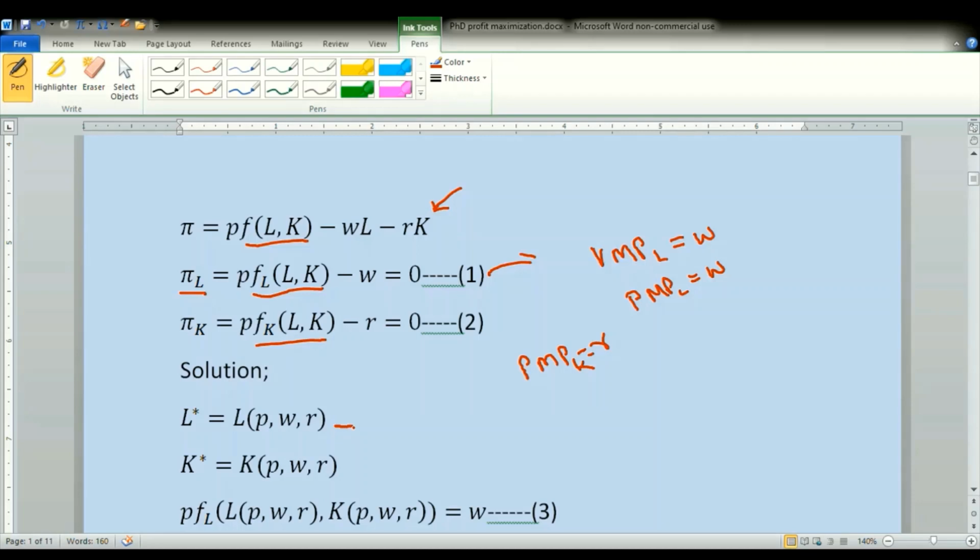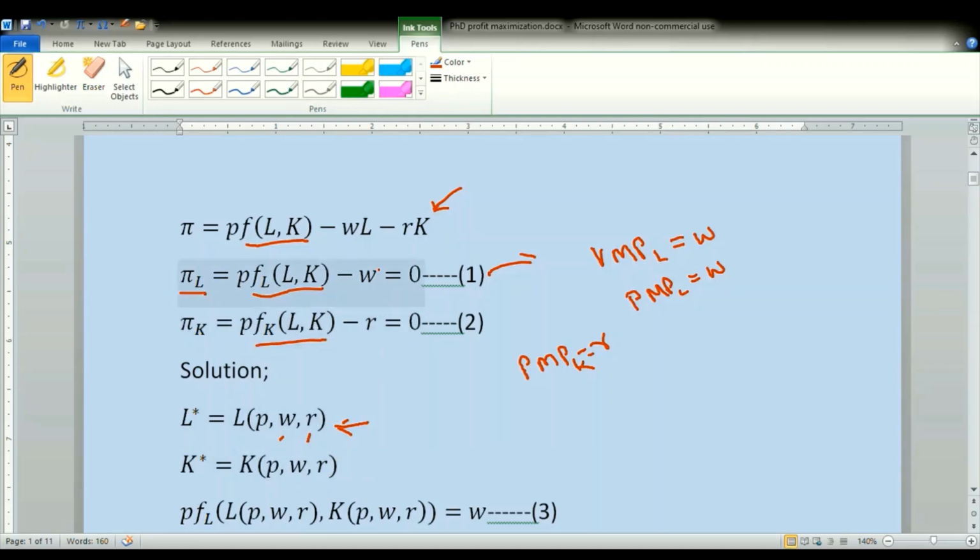So we get L star, the optimal labor employment in the long run, as a function of output price, as a function of wage rate, as a function of price of capital. Similarly, the long run demand for capital is a function of output price, wage rate, as well as the price of capital.